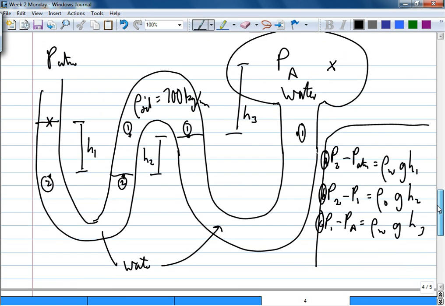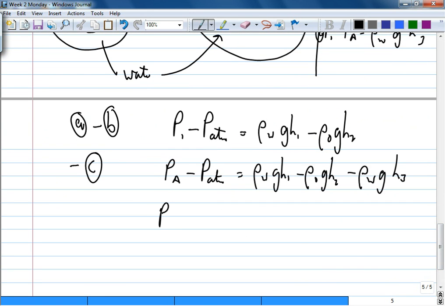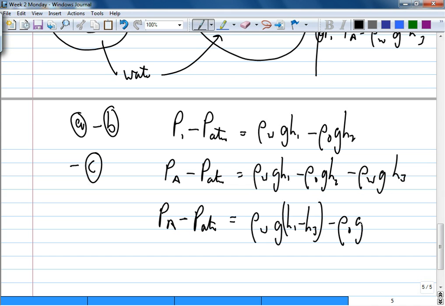Alright. So if you want, you can summarize that. PA minus P atmosphere is equal to rho water g (h1 minus h3) minus rho oil g h2. Okay or not?